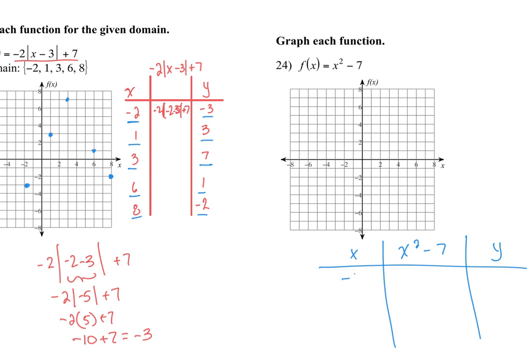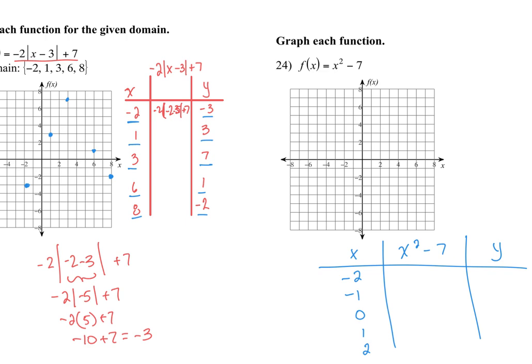I would pick a couple of negative numbers, 0, and positive numbers. You need to have negative numbers, 0, and positive numbers. Which ones you choose are perfectly fine and up to you. I would choose smaller ones so that I'm not trying to graph. I mean, you'll notice on the graph I only gave you the -8 and +8 for X's. So I would probably stick within that realm there.